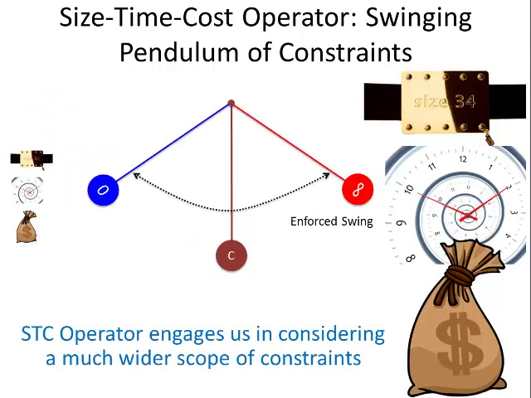The size-time-cost operator engages us in putting constraints to the limits. One of no constraint and another one with absolute or infinite constraint. In essence, we can represent our experience with the size-time-cost operator as a pendulum, which moves us from no constraint to complete constraint for each of the three dimensions: size, time, and cost.